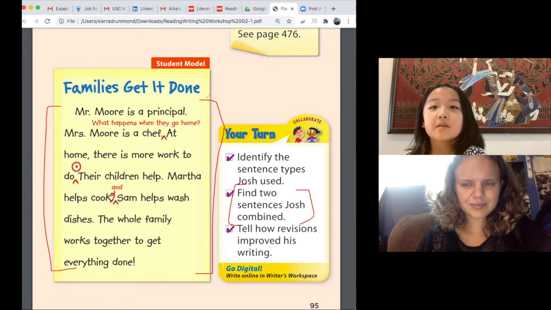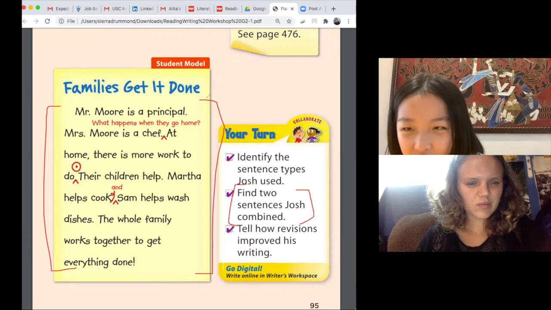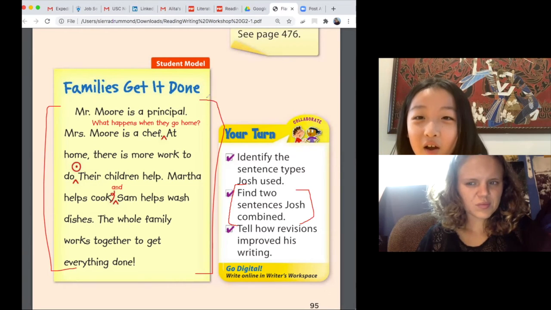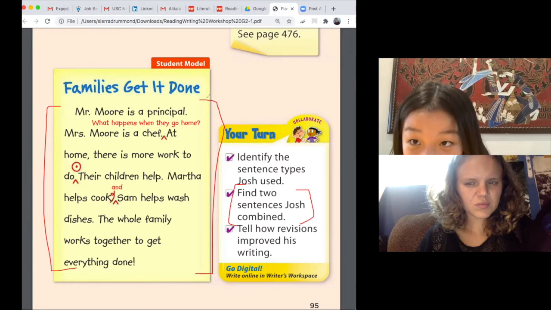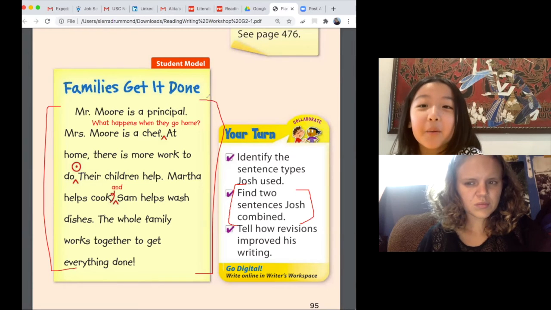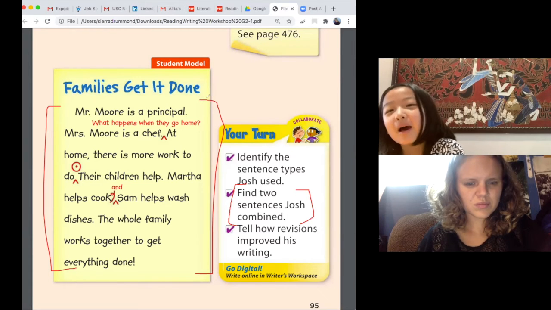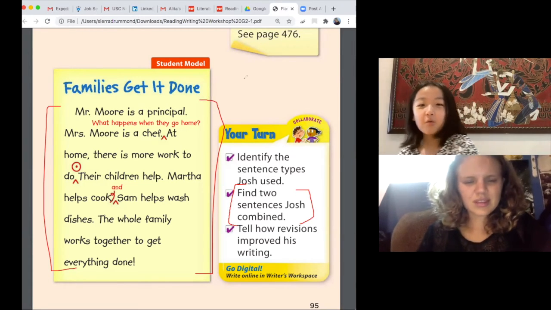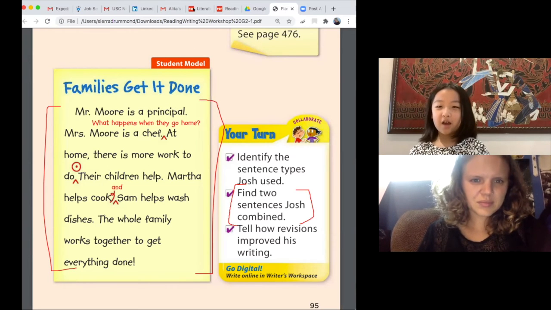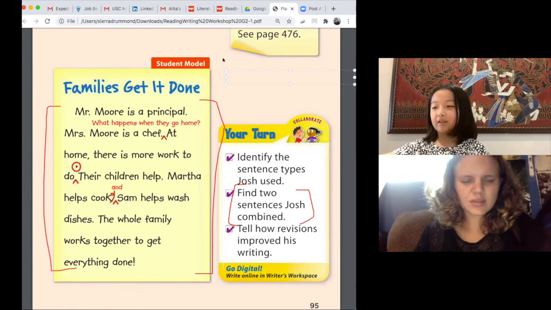Mr. Moore is a principal. Mrs. Moore is a chef. At home there is a lot of work to do. Their children help. Maria helps cook and Sam helps wash dishes. The whole family works together to get things done.